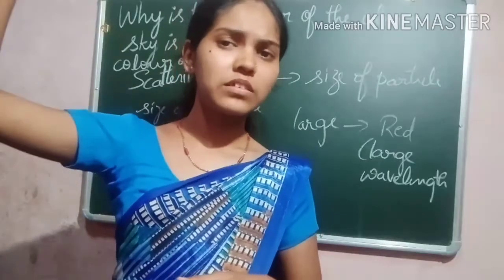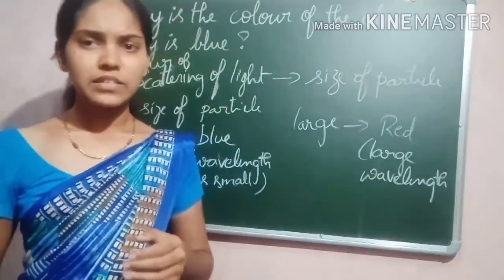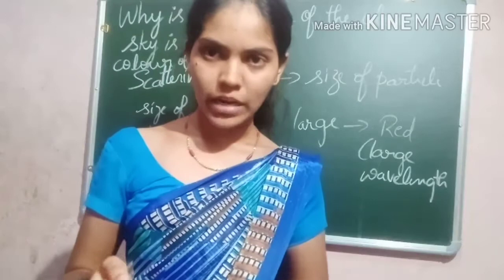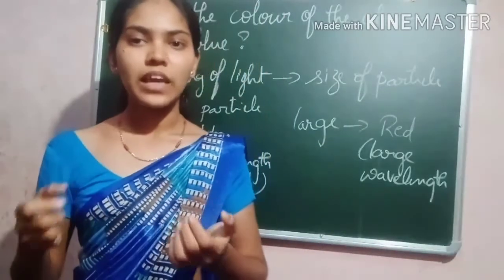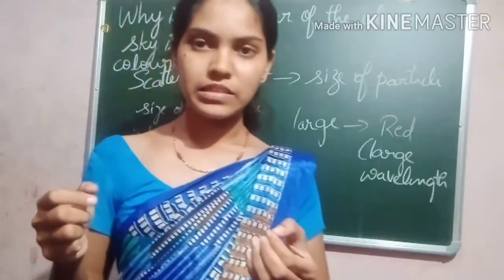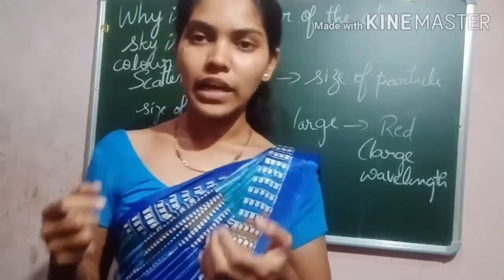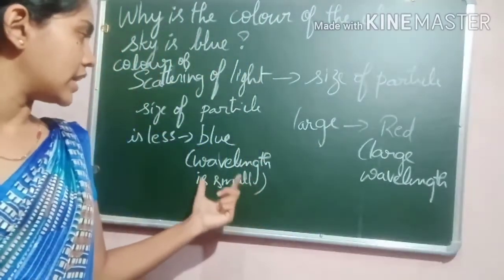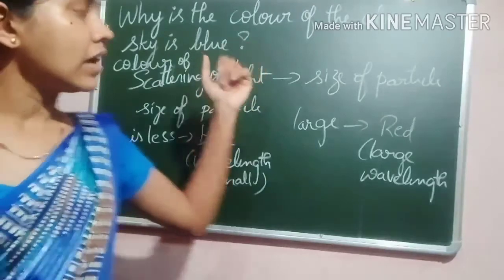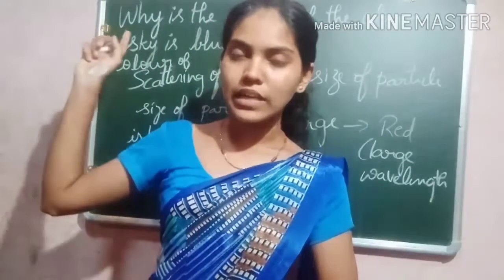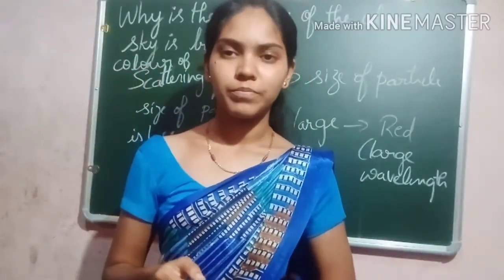Because of the presence of atmosphere, very fine particles scatter the light which has the smaller wavelength, that is blue color. That is why the clear sky appears blue.